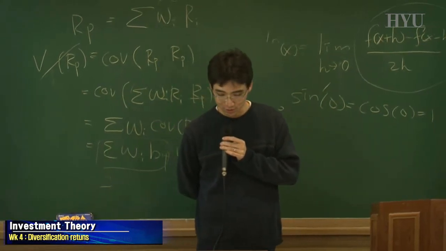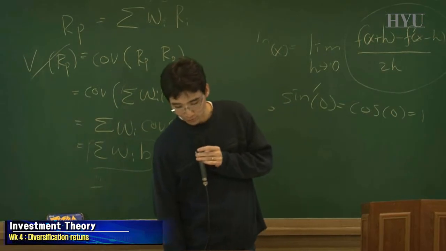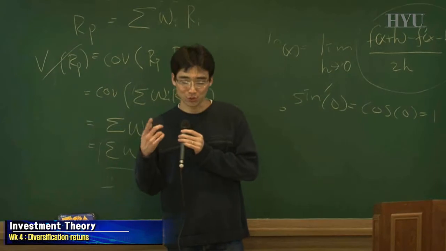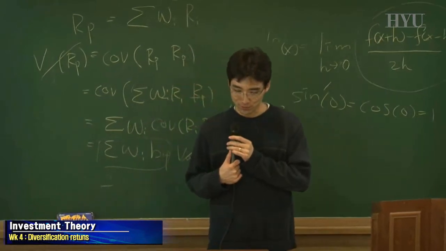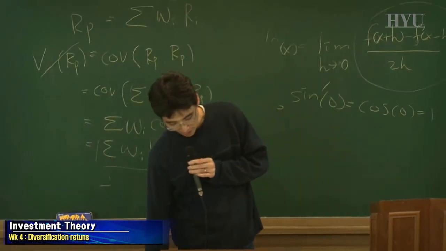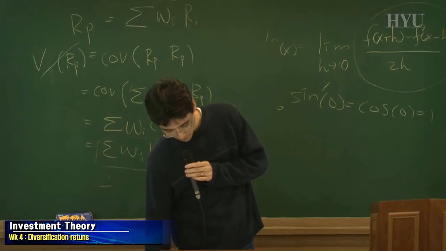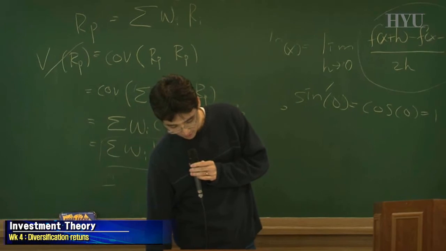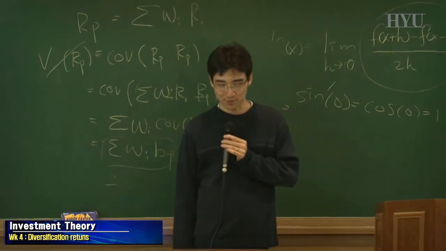You can easily check it. So to address the problem, we can redefine the contribution of individual assets to the portfolio like this. Now the weighted average of the first term is exactly log 1 plus ERp.